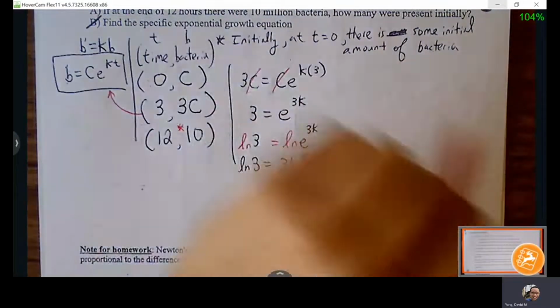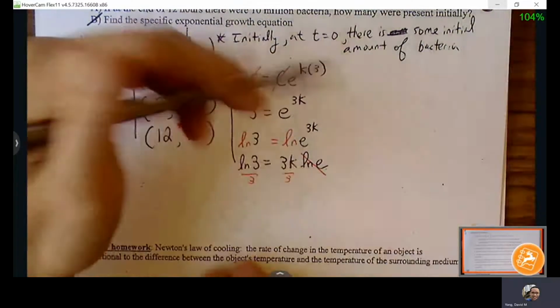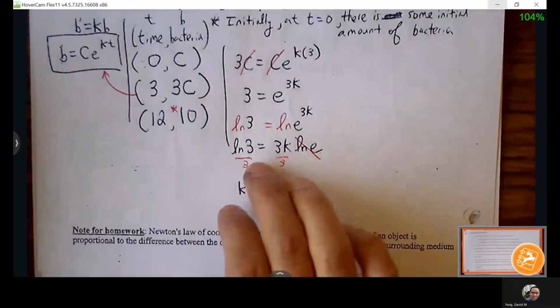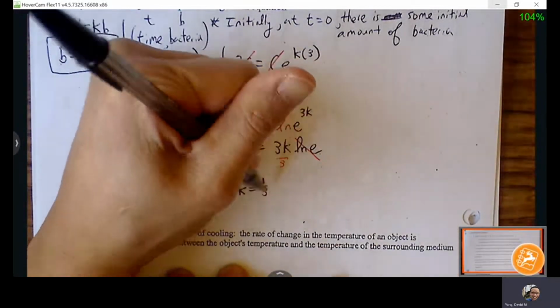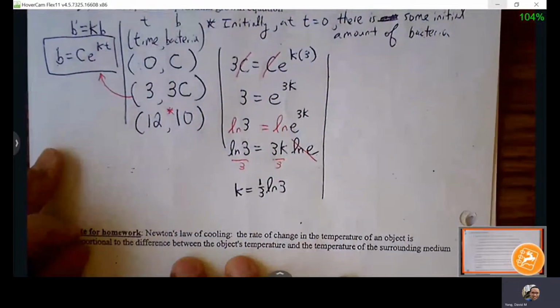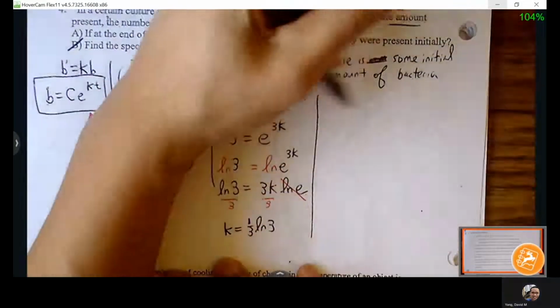Divide both sides by 3. Sometimes I just like to rewrite that fraction as a coefficient. So I'm going to rewrite it as 1/3 natural log of 3. I'm going to update my equation.